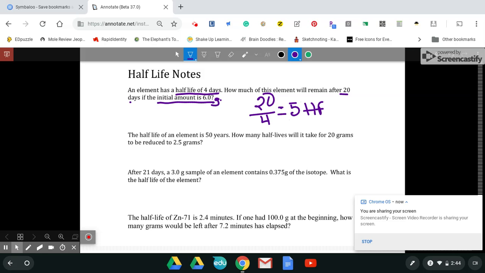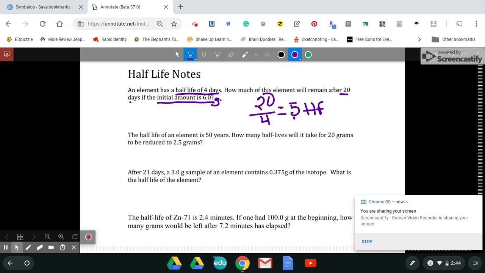It says how much of the element will remain if I had an initial amount of 6 grams. So you know that in 20 days it went through 5 half-lives because every 4 days is 1 half-life. So that means it went through a total of 5.